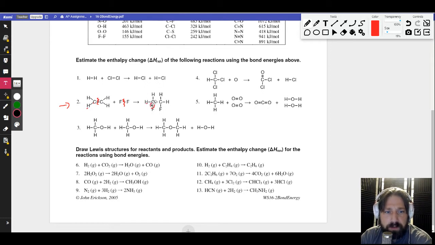Well, this CF bond is being made, and this CF bond is being made, and this CC bond is also being made. Remember, there is a big difference between a double bond and a single bond.